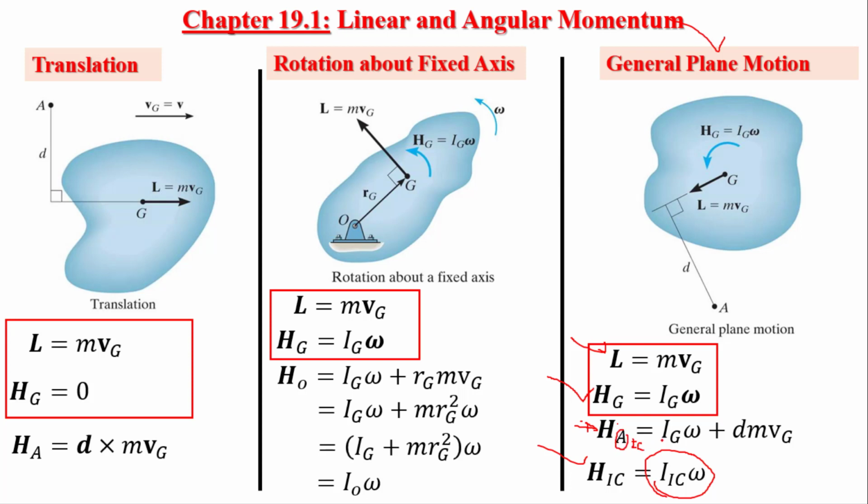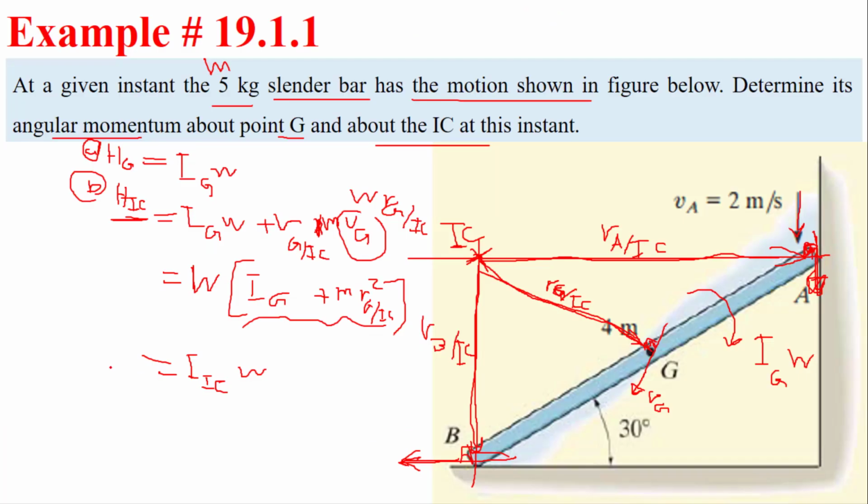I can start from here, IG plus MVG, or this is the final result. So you can imagine that instead of A, it is IC.